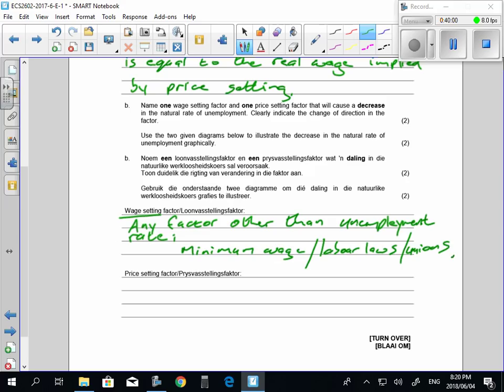If any of those increase, oh, sorry, hang on. No. Cause a decrease in the natural rate of unemployment. So those would have to decrease. If the bargaining power of labor decreases, you shift the wage setting curve to the left. If the bargaining power of labor increases, you shift it to the right. Okay.